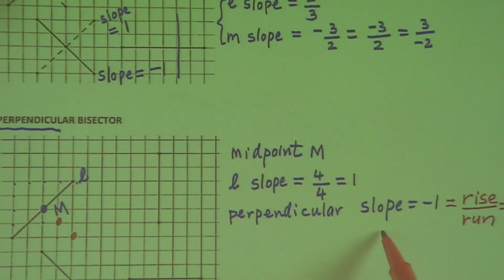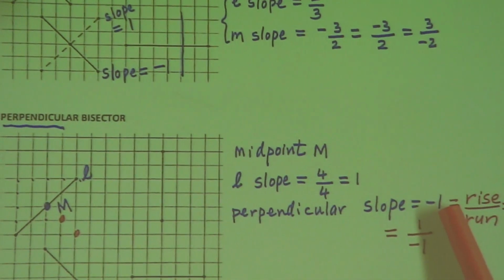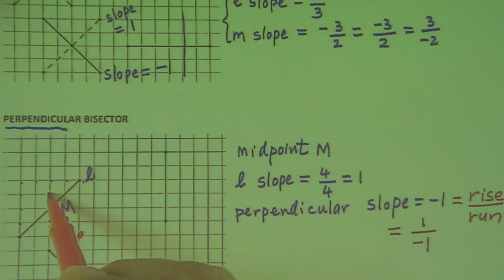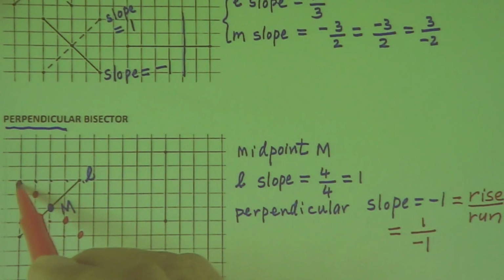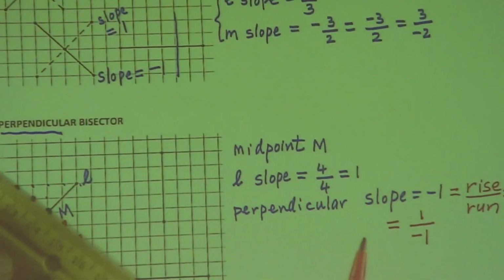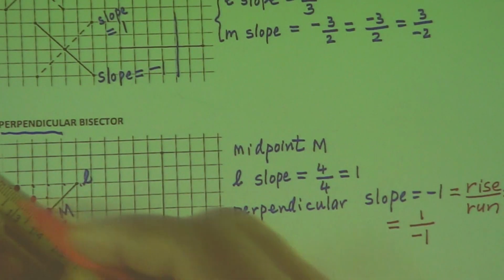Or you could write 1/-1. This is also equal to negative 1. So starting from M, I will rise up 1 and run 1 to the left. And then I take my straight edge and I draw my line.